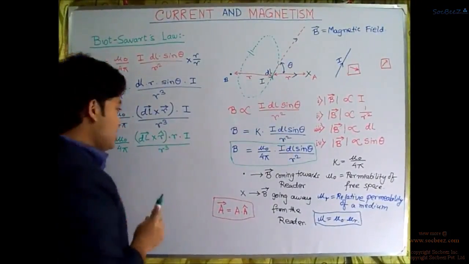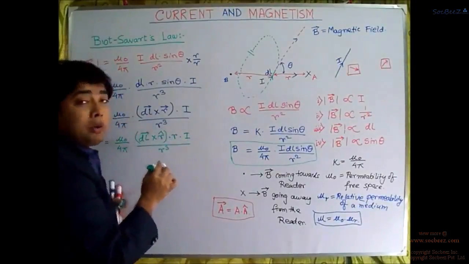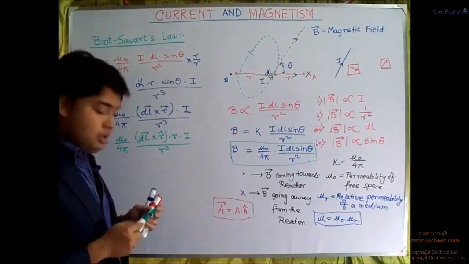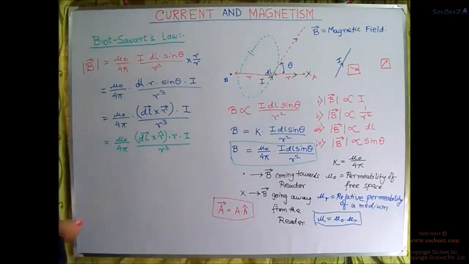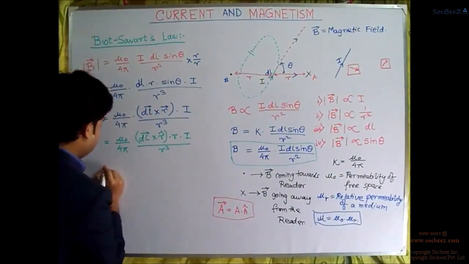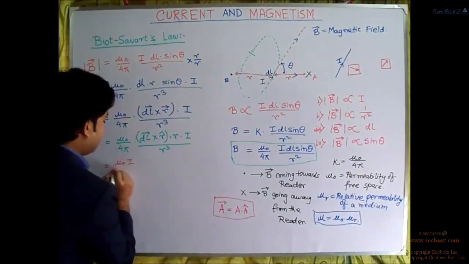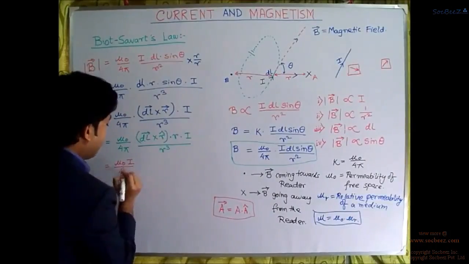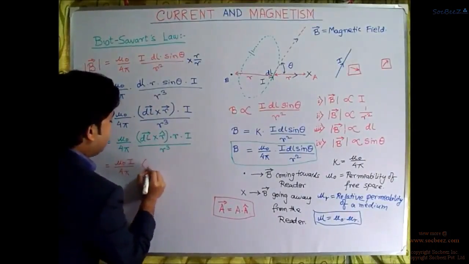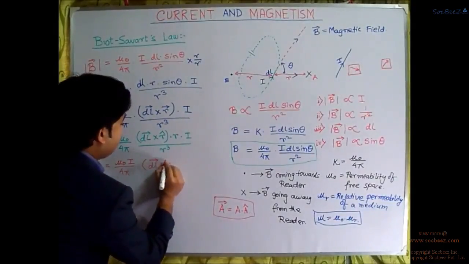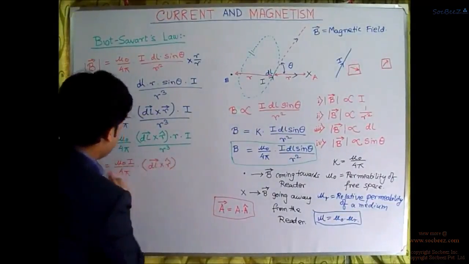Now we can cancel r and r cube, such that r square remains in the denominator. So the ultimate vectorial representation will be mu naught I divided by 4 pi multiplied by the cross product of the dl vector and the unit vector along r, divided by r square.